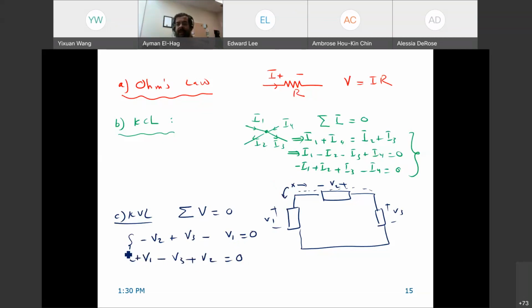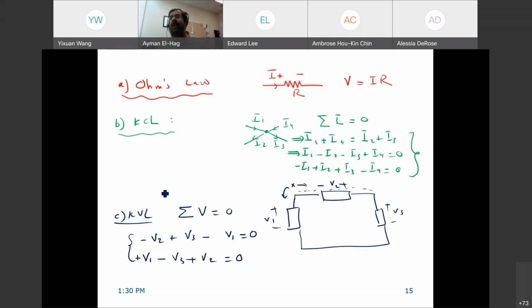Now the question is how I specify these polarities, how I can incorporate all of these things now at once, how I can deal with an integrated problem that has Ohm's law, KCL, and KVL.